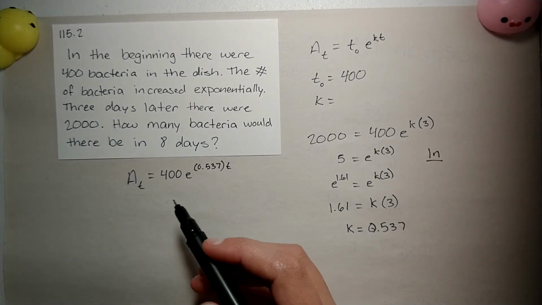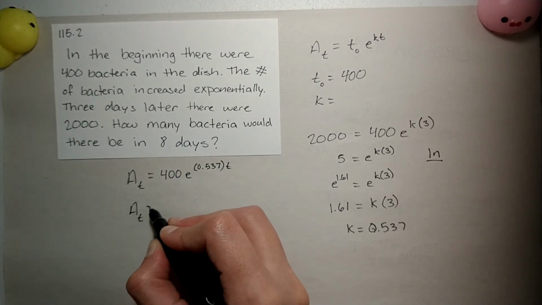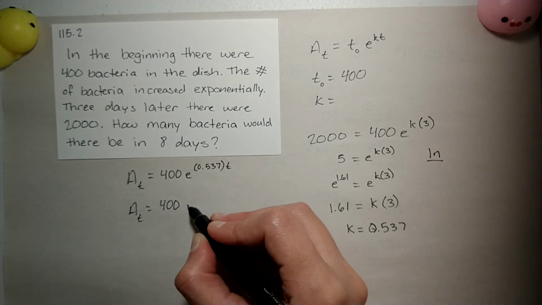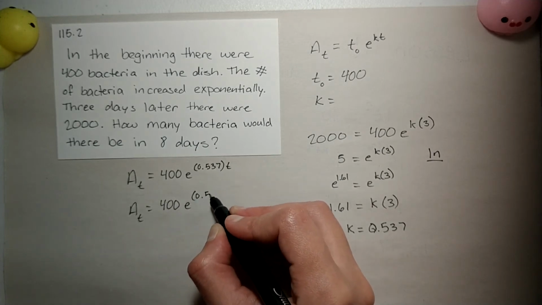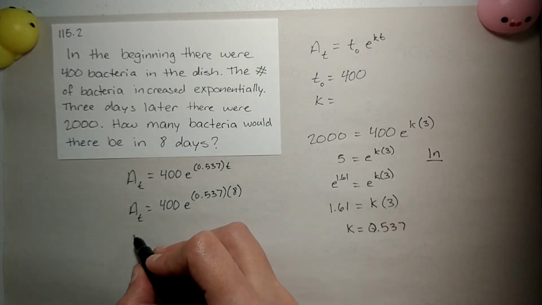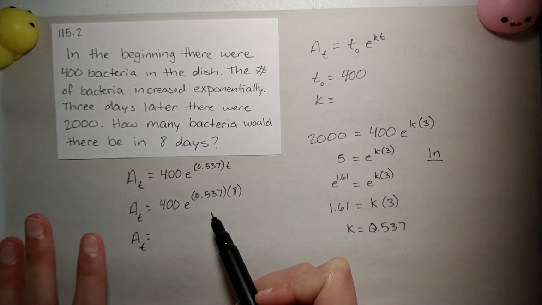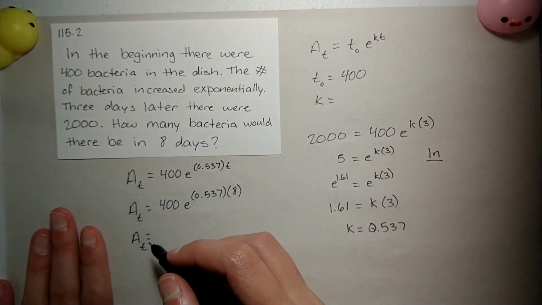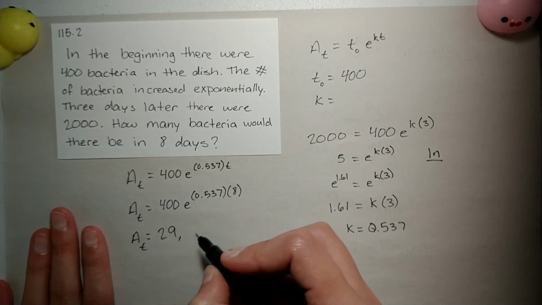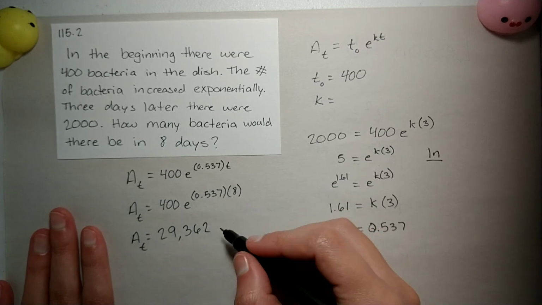So then we just substitute that 8 in for the time and solve the equation. After we multiply that out and simplify that e, we're going to get 29,362 bacteria.